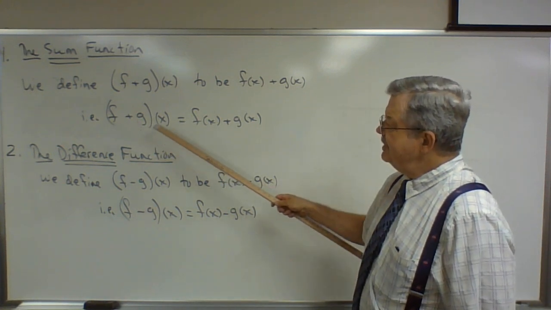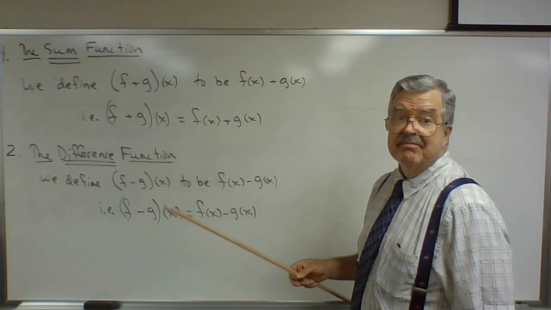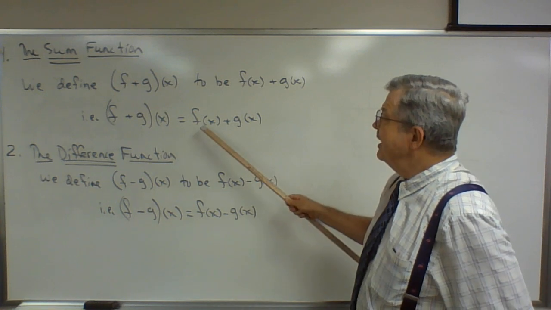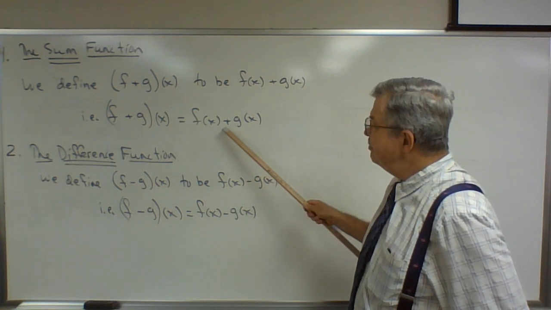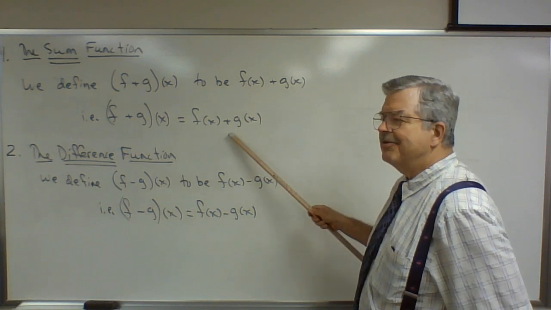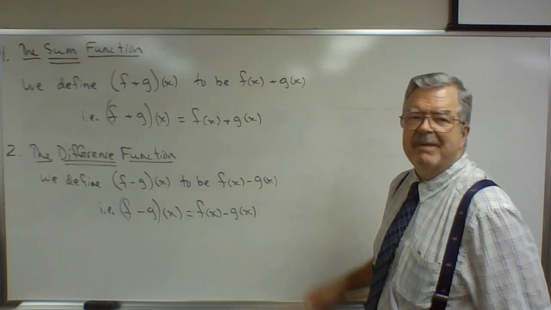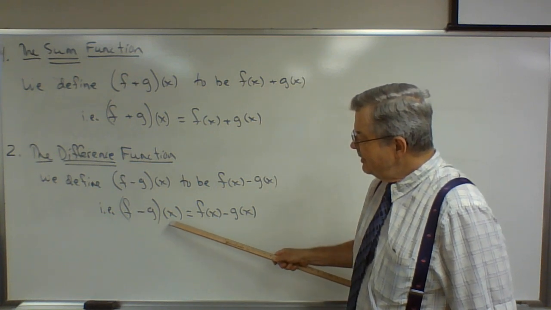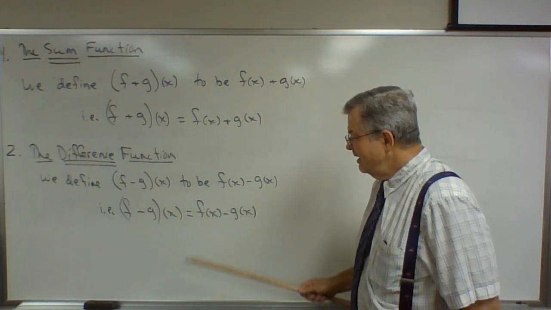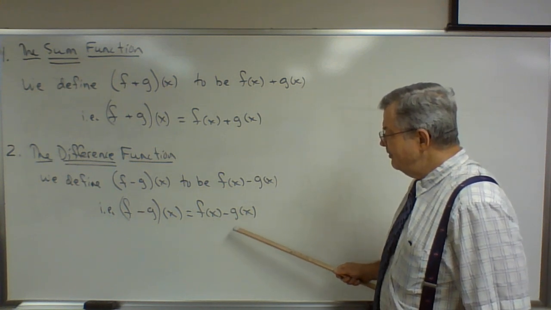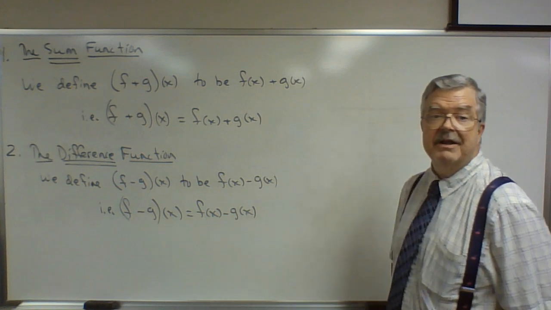F plus g evaluated at x. Apparently that's mathematical shorthand for f evaluated at x plus g evaluated at x. This sort of turns out to be what we'd expect it to be. F minus g evaluated at x. That's the function f evaluated at x minus the function g evaluated at x.